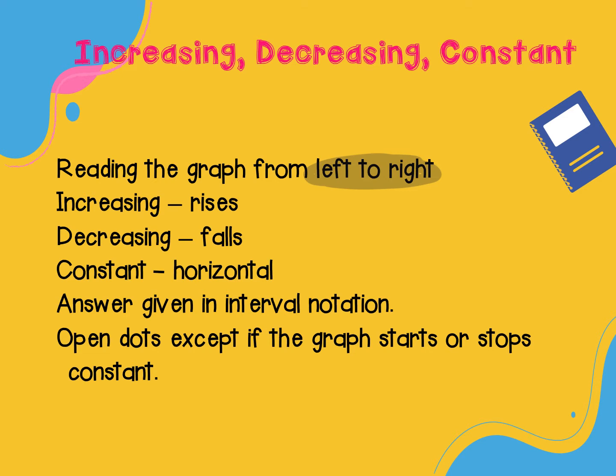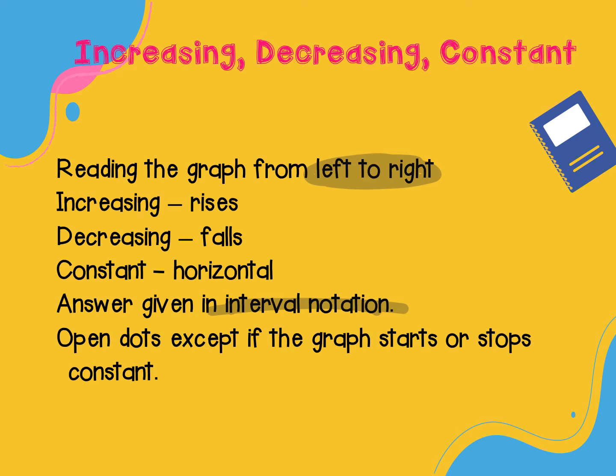The answer is again given in interval notation, and they are open dots if the graph starts or stops constant. So if I have a single point where my direction changes, that point cannot be decreasing and increasing. We give it a parentheses.